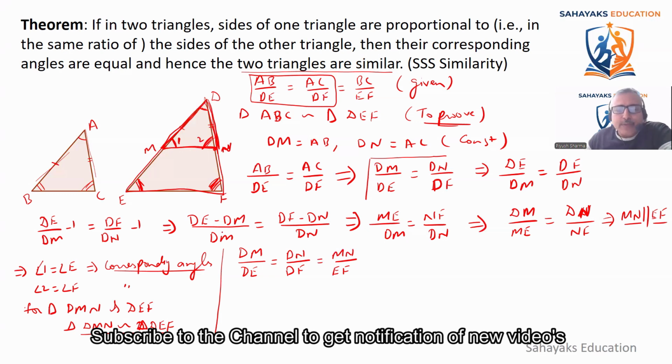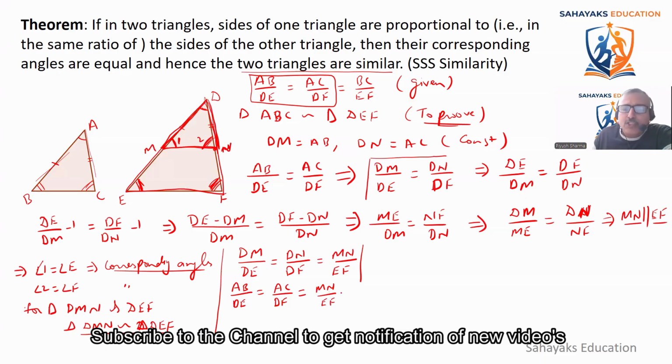Now instead of DM, I'm going to write AB, and instead of DN, I'm going to write AC. So AB by DE is equal to AC by DF, and that is equal to MN by EF.